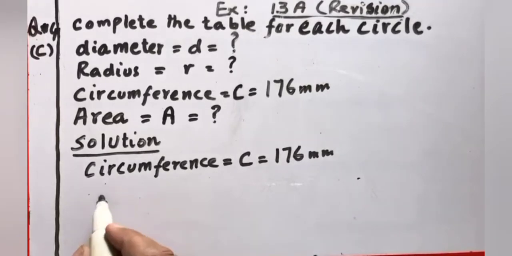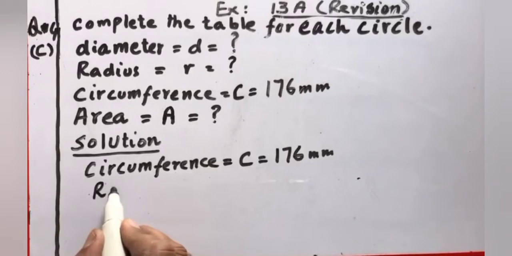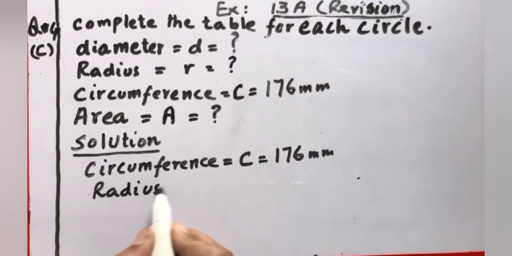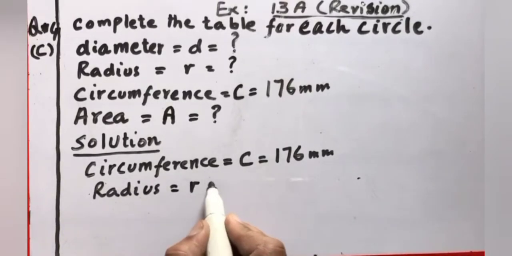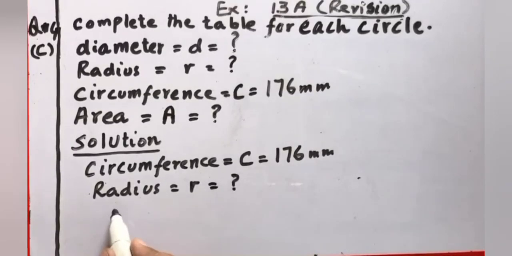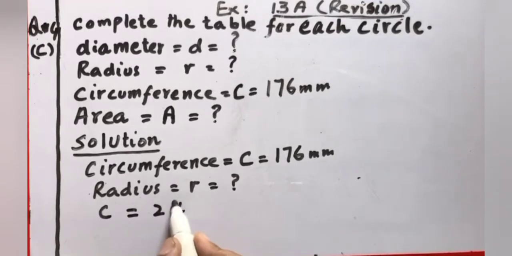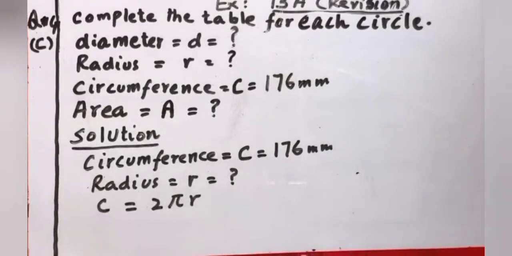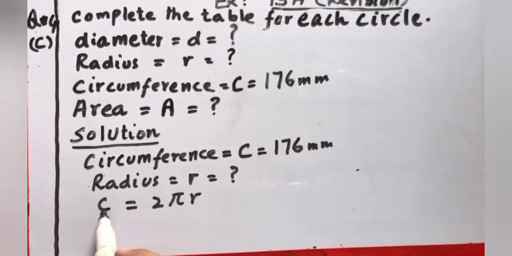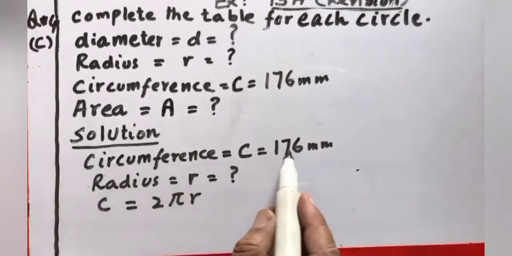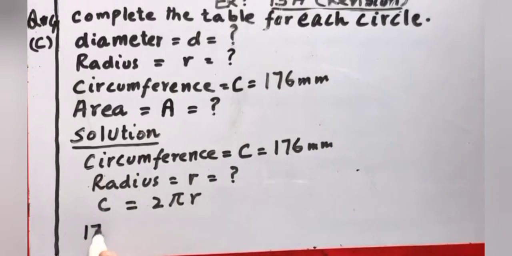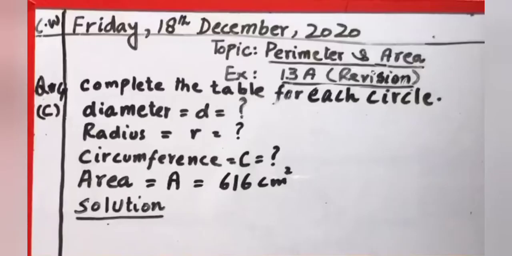So first of all we will find the radius, which we represent by r. By using the formula of circumference, C is equal to 2 pi r, we can find r from this formula. So by putting the values in this formula, the circumference of a circle is given, which is 176. So we put 176 millimeter on the left hand side.